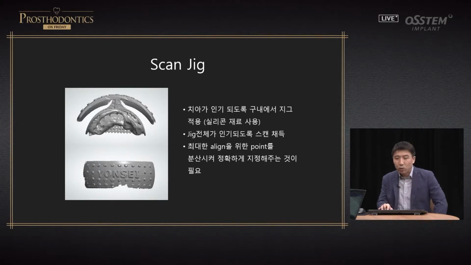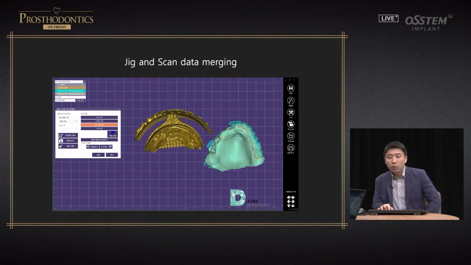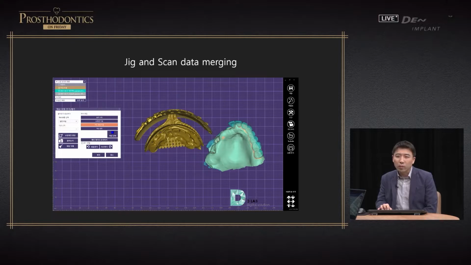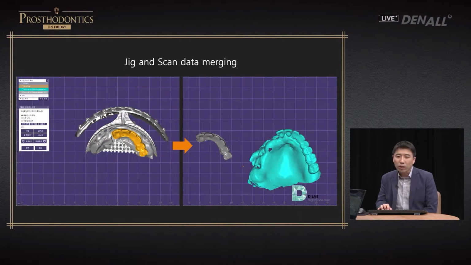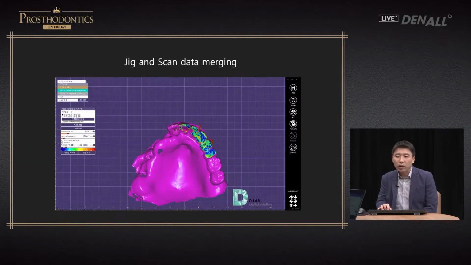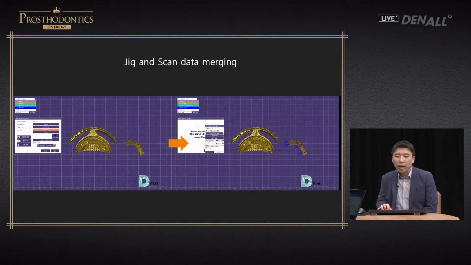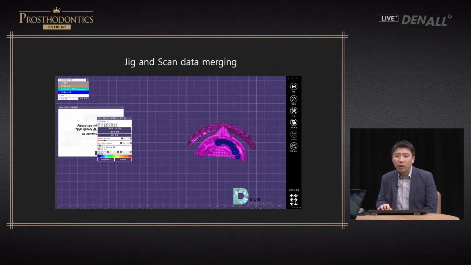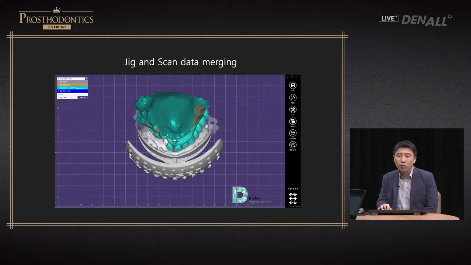So you can record the dentition and relation with the face. When you merge your jig and model, you merge using the landmarks where the residual teeth are. If you mark a couple of teeth positions, merging is done like this. After a series of processes, the positional relation between the model and scan jig is merged.